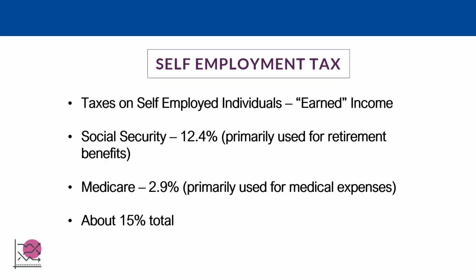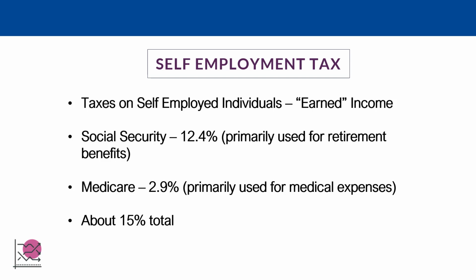However, because you are self-employed, there is no employer withholding it from your paycheck, nor is there anyone besides you paying for it. So, you're stuck with the full 15%. And when this extra tax comes as a surprise at the end of the new entrepreneur's first year in business, it can be devastating.